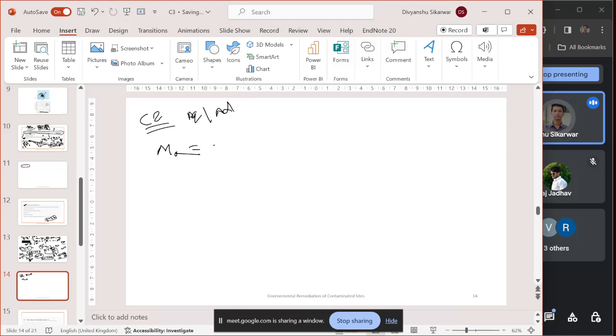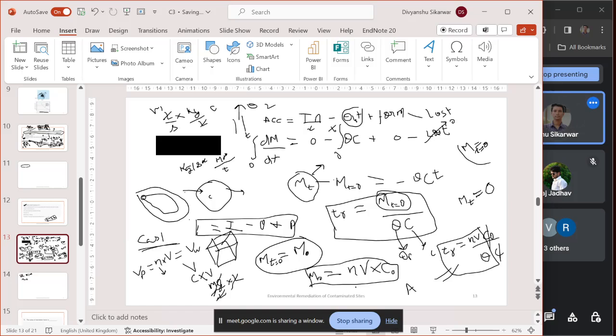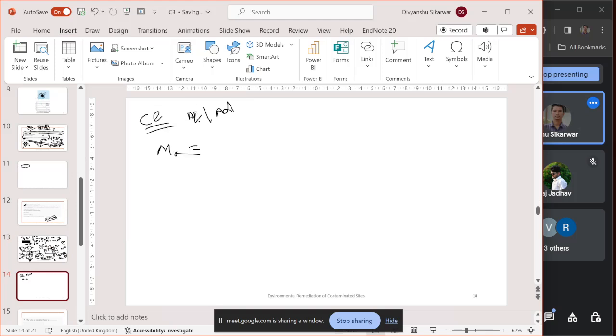M naught will have the first component, which is present in the aqueous phase. The calculation will be the same as this, right? So it will be NCV only for the aqueous phase. But the part which is adsorbed on the soil, that we have to calculate.